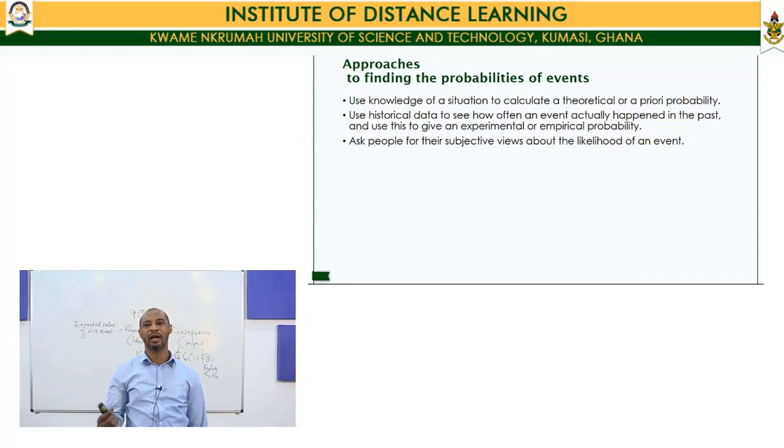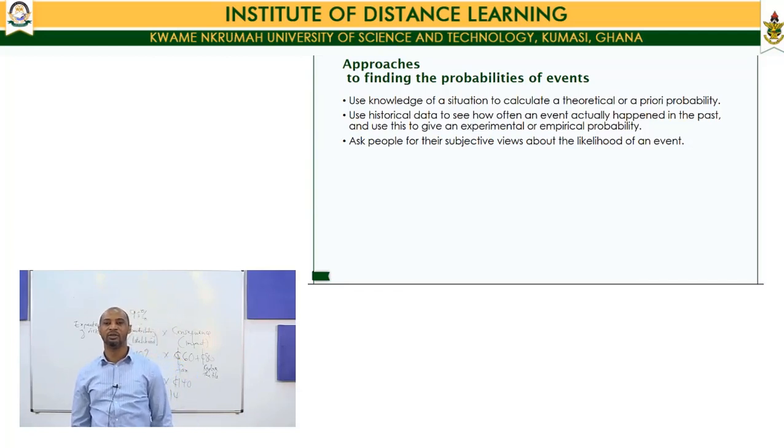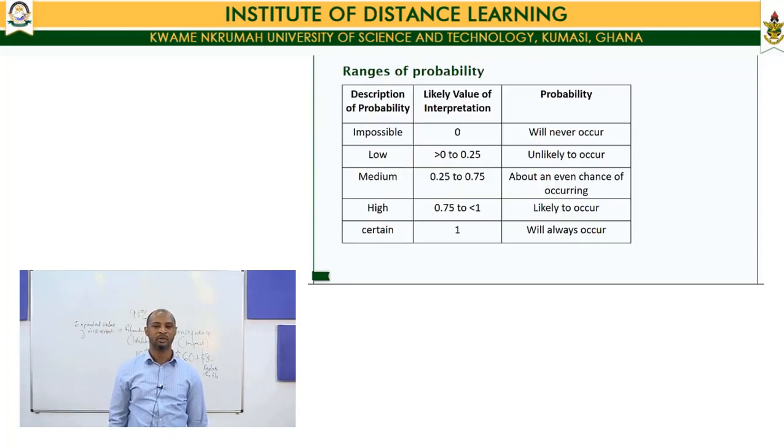Then you can ask people for their subjective opinions on the likelihood of the event occurring. So, whatever you are able to determine at the end of the day, the value you give out of 100% that you have reduced to decimal gives you a certain interpretation.